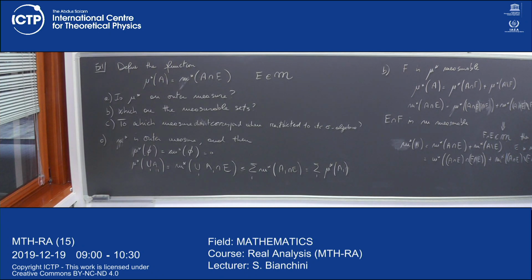Vice versa, assume that it's measurable, so I have this relation here, okay? And then I want to prove that the intersection is then, sorry. So I assume that it's measurable, I want to prove that this holds, which is trivial. I don't see what is the problem.